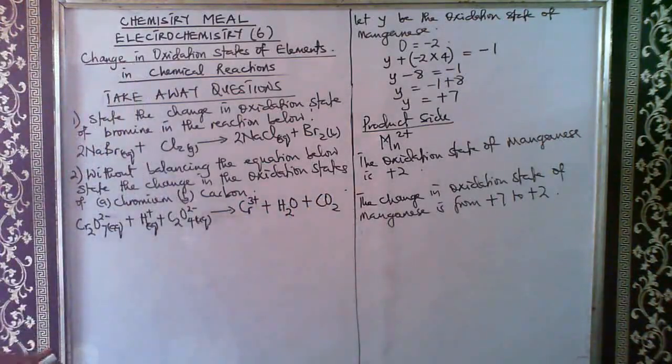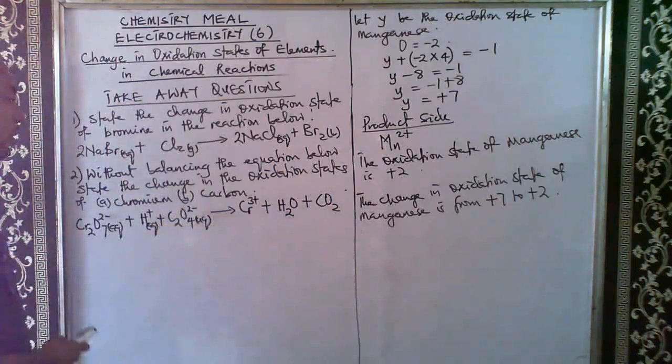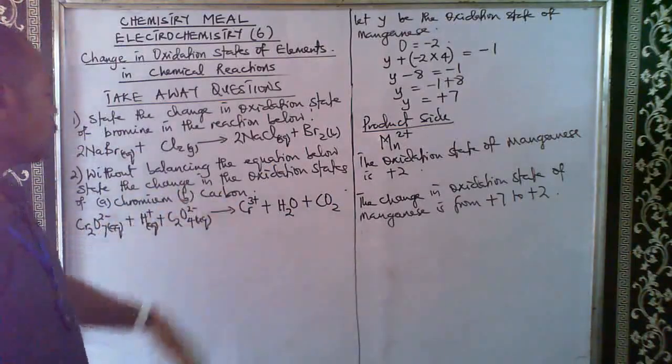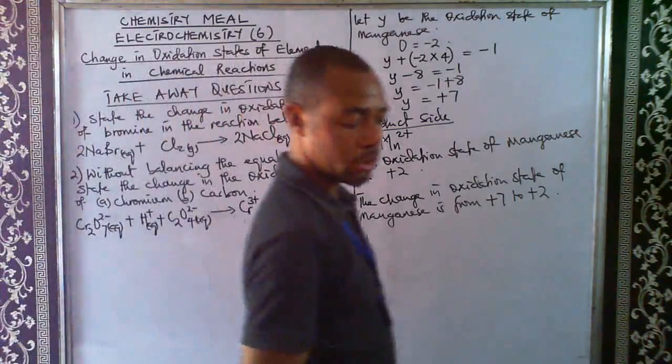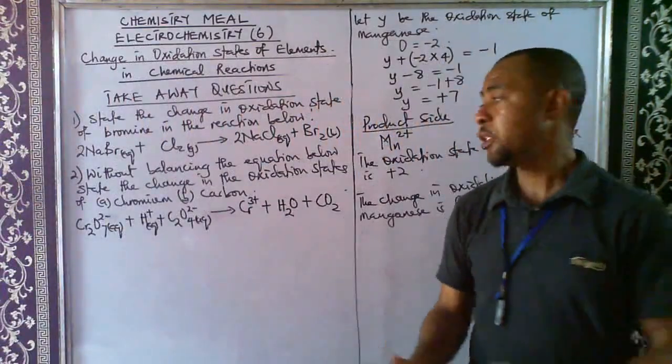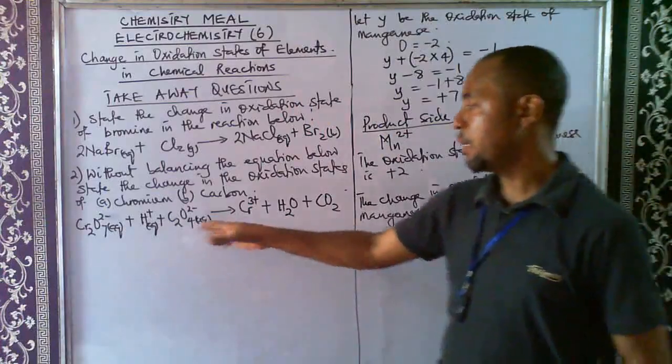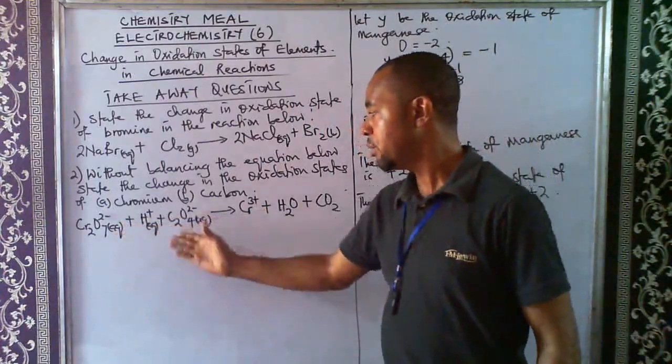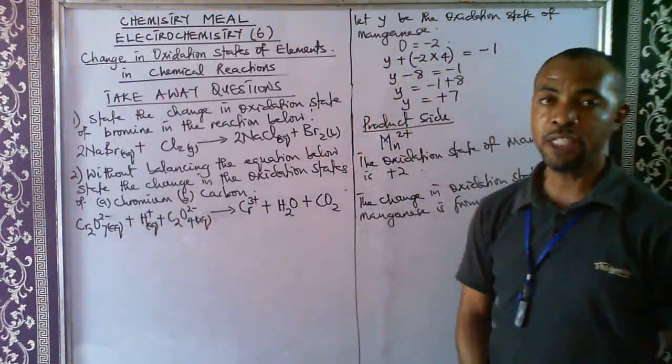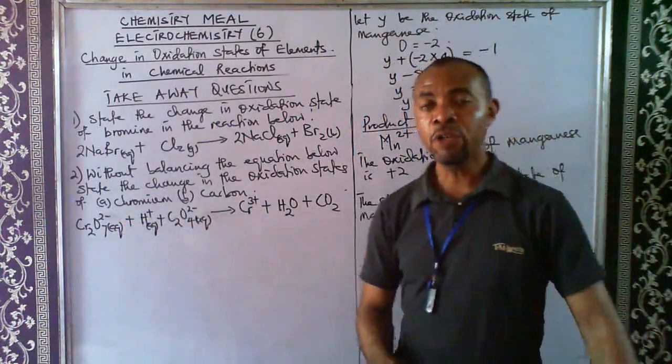So without balancing the equation, state the change in oxidation states of chromium and also carbon. So we are going to get the change in oxidation state of 2 different elements. After dealing with chromium, then you deal with what? With carbon. That's how far we can go in this video.